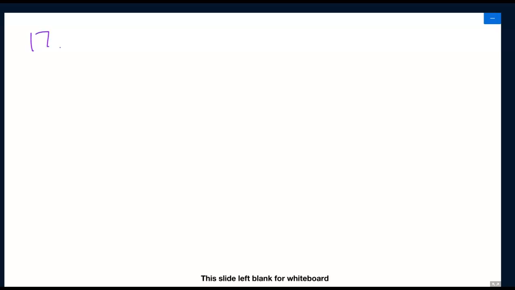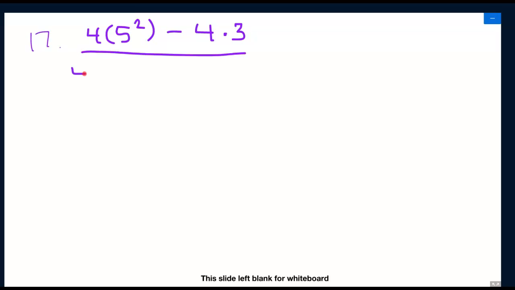17. We have 4 times the quantity 5 squared minus 4 times 3 all over 4 times 4 times 5 plus 2. So when you have a fractional problem like this, it's important to simplify the top and bottom separately.